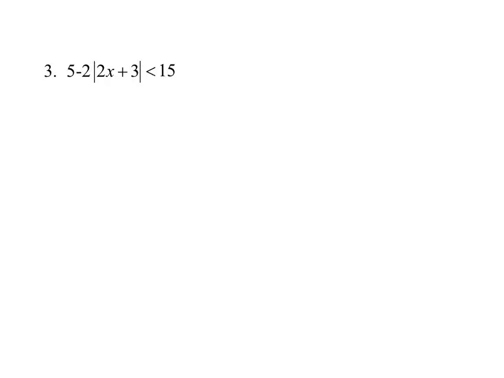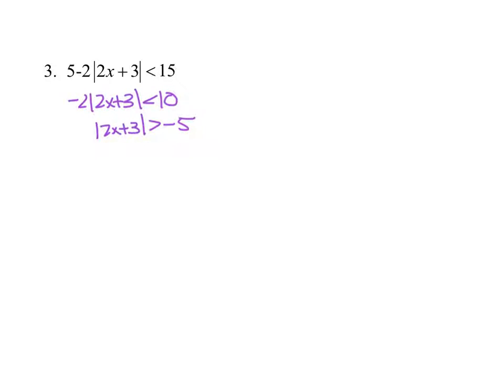So I need to get it by itself. So the first thing I'm going to do is subtract 5. So I get less than 10. And then I'm going to divide by negative 2. Well, if I divide by a negative, I have to flip the sign. So I get greater than negative 5.